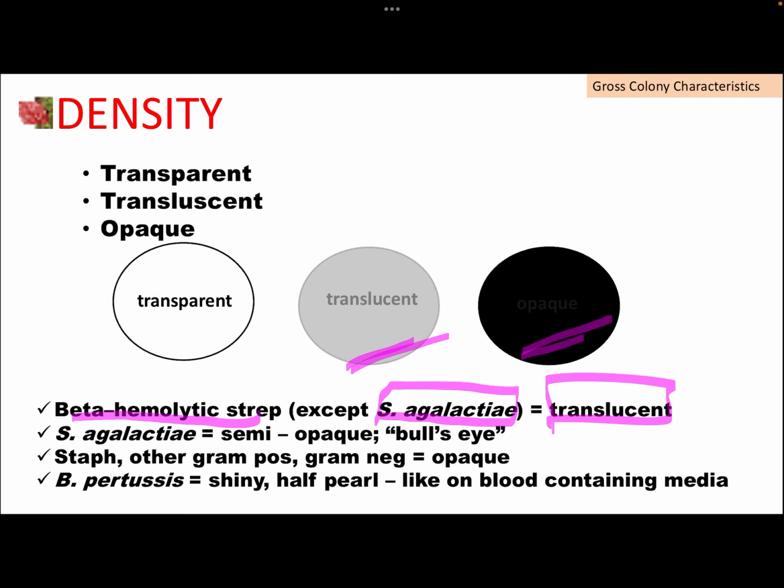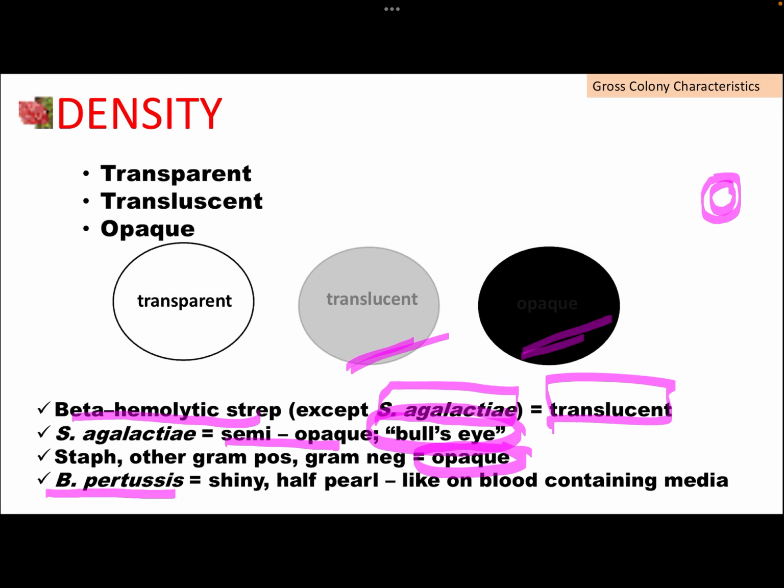S. agalactiae, as I have said, although it is beta hemolytic, is just semi-opaque. I've mentioned this bullseye, because you have the medium-sized colony and the hemolysis surrounding it. Staphylococci and other gram-positive and gram-negative microorganisms are opaque.